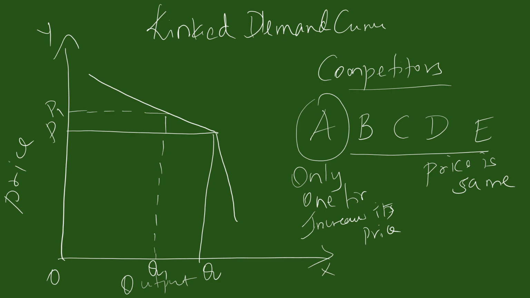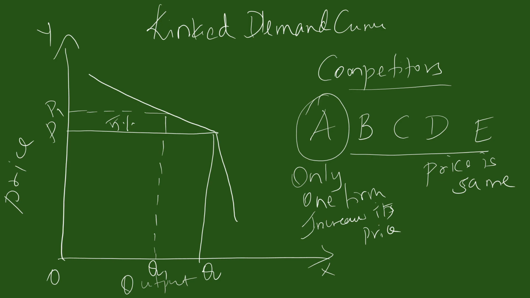All are producing a similar product, and only A is alone increasing its price. A is increasing its price from P to P1, and that increase can be 5%. If one of the firms increases its price, what will happen to its quantity demanded?